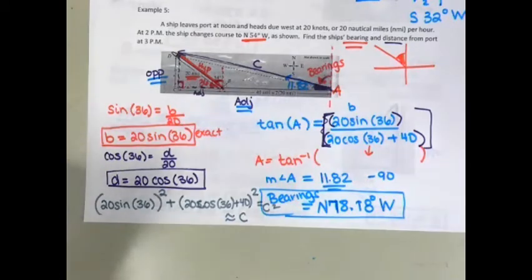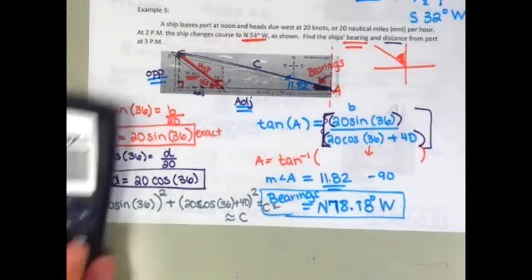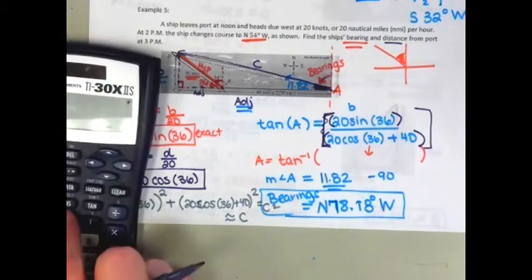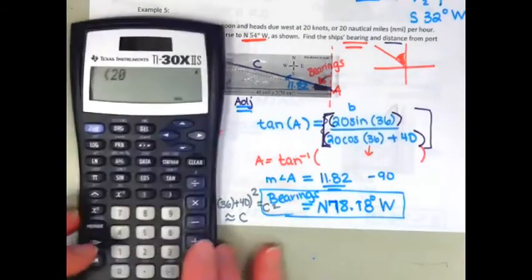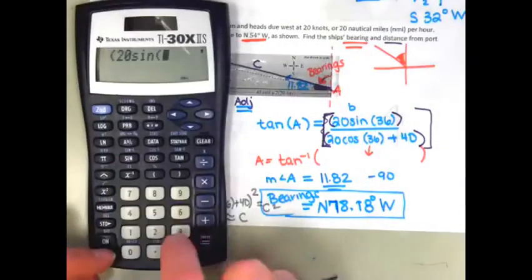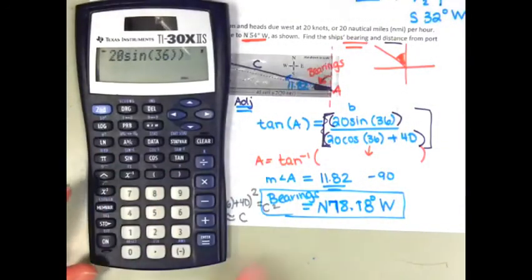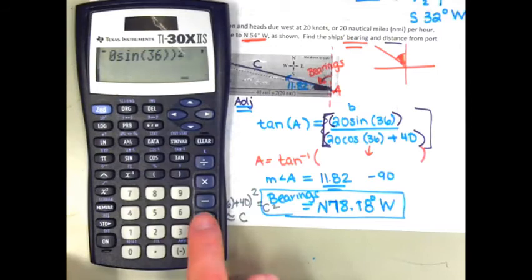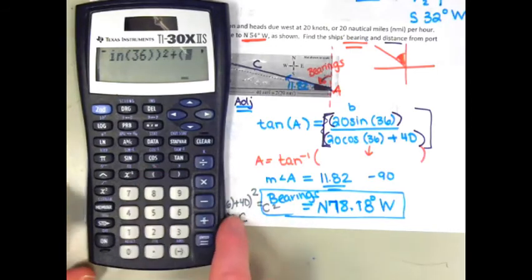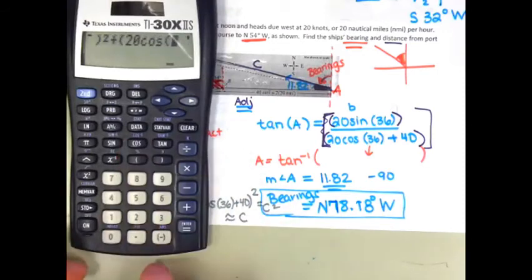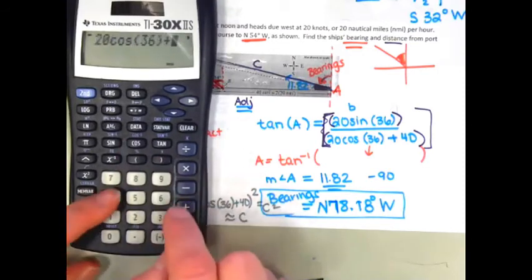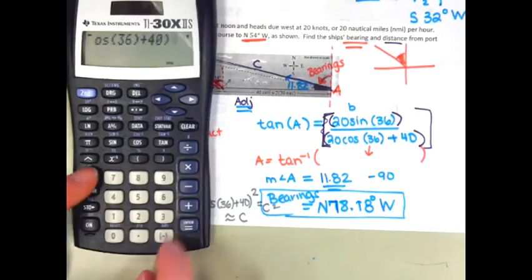So how do you type that in your calculator? I'm just going to do parenthesis 20 sine 36 end, right? Square it plus parenthesis. I'm going to put in parenthesis 20 cosine 36 parenthesis plus 40 end it, square it.